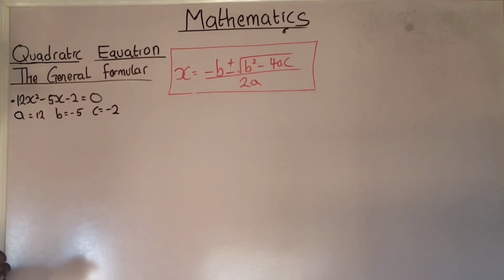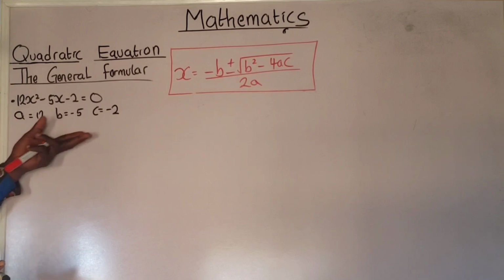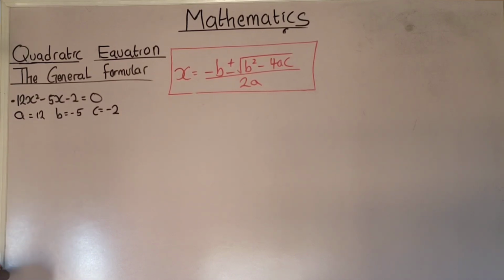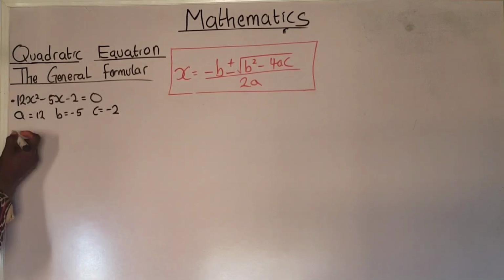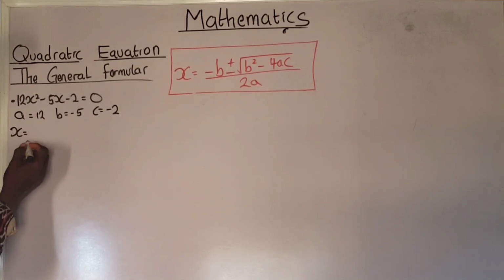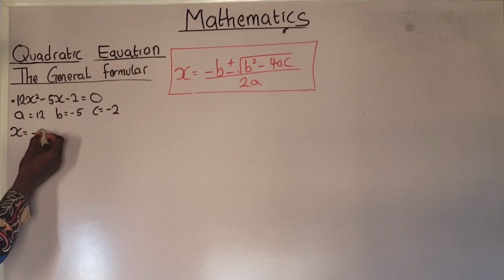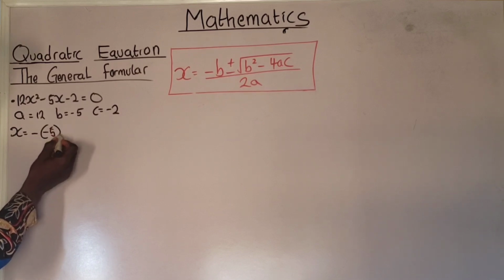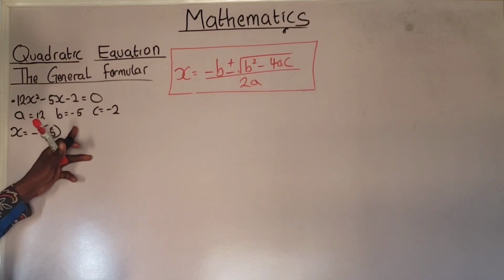Now, having identified the values of a, b, and c, the next step is to substitute these values into the formula. Here, x will be equal to minus b, that will be minus into bracket -5, because b is -5.